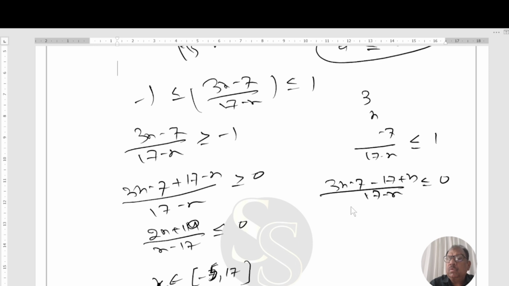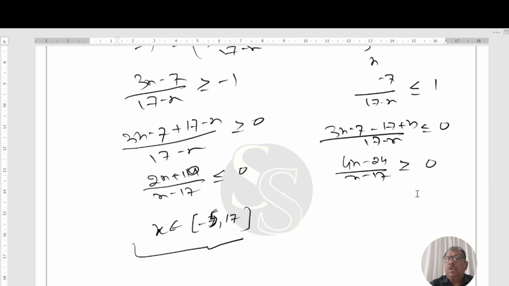On simplification, this comes out to be (4x minus 24) upon (x minus 17). Multiplying by negative, x equal to 6 came, and the region will be outside 6 and 17, from minus infinity to plus infinity.